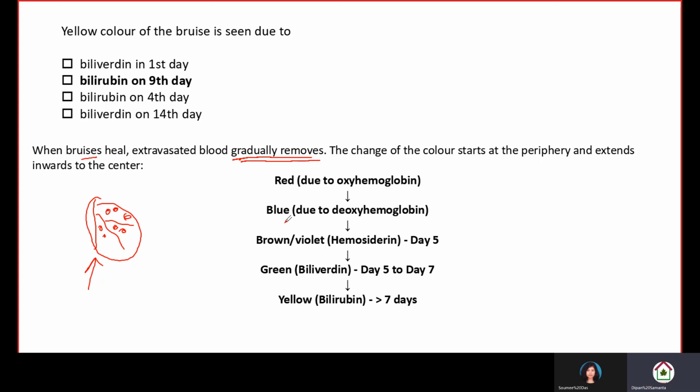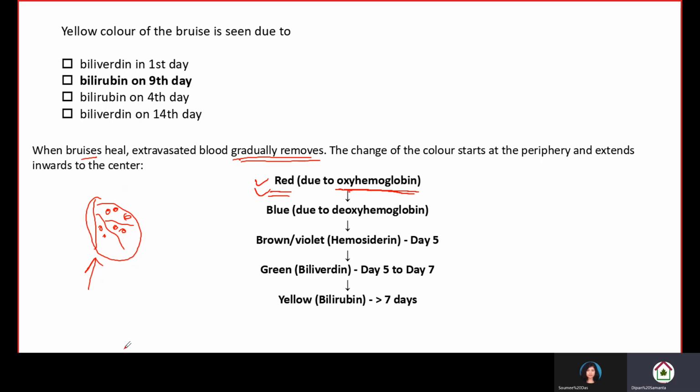First of all, when these bruises occur and these capillary ruptures happen, there will be extravasated blood, with oxyhemoglobin, the reddish blood. So the color will be red.